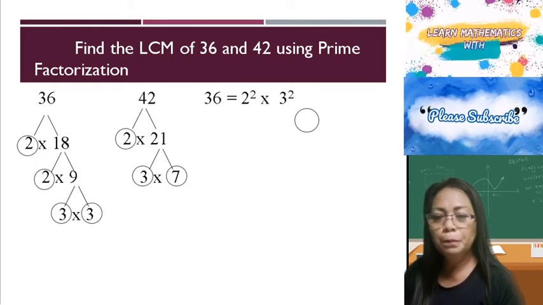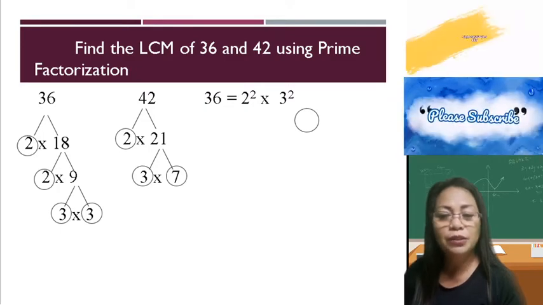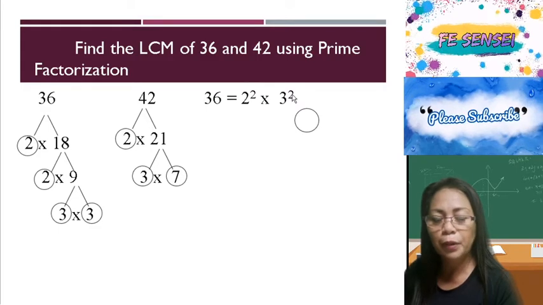Therefore, the prime factorization of 36 is 2 raised to the second power times 3 raised to the second power.